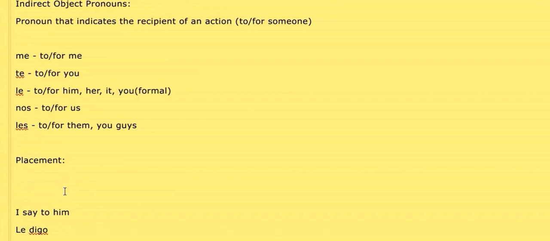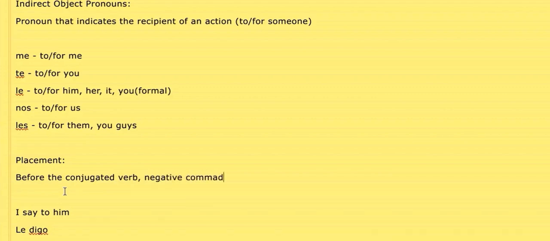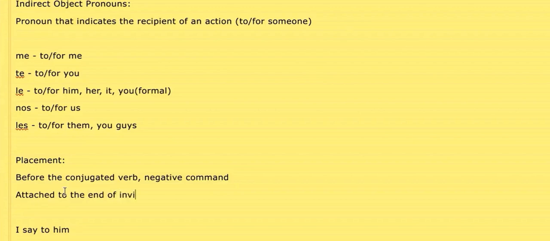The placement is going to go before the conjugated verb or negative command, and attached to the end of infinitives, affirmative commands, and finally gerunds, which is essentially ing in Spanish, or ando and yendo.